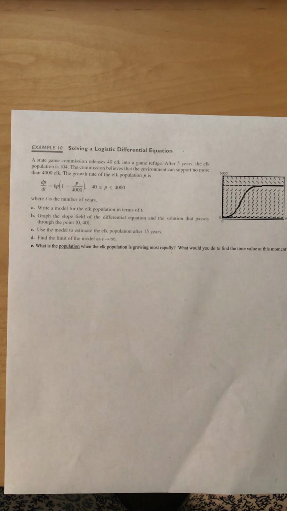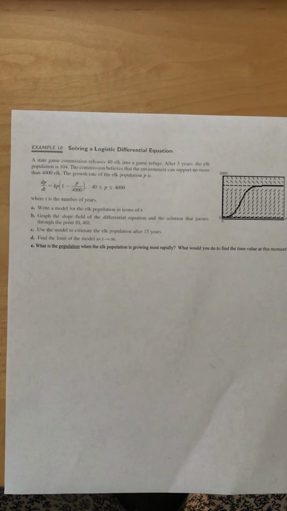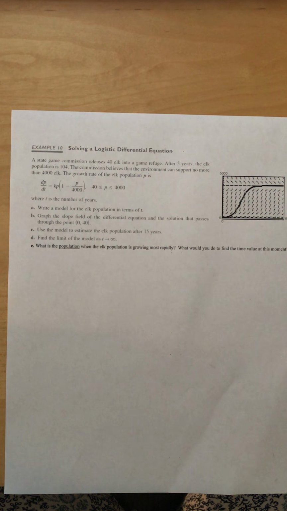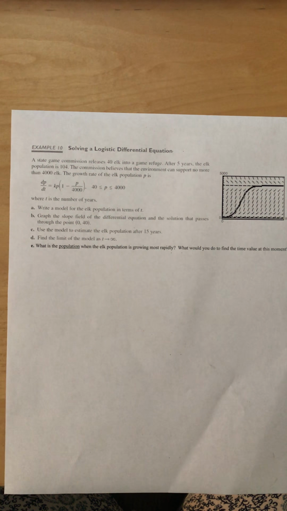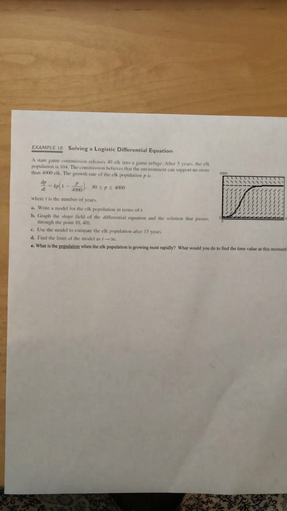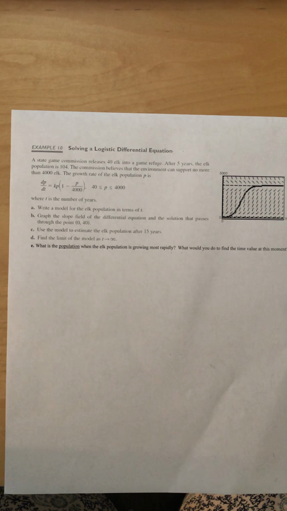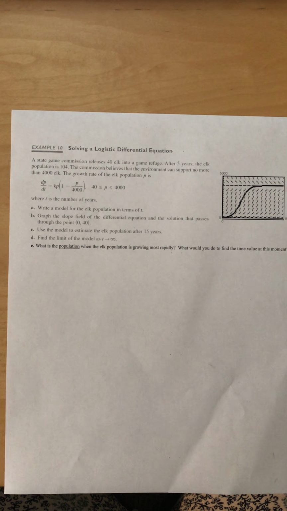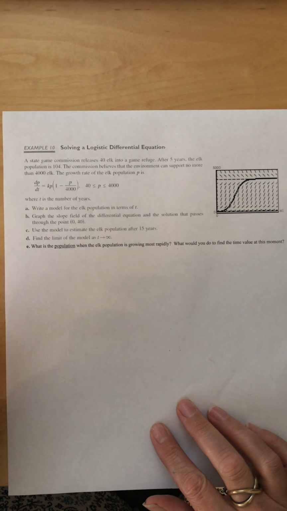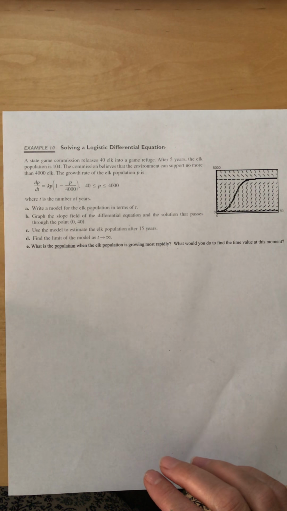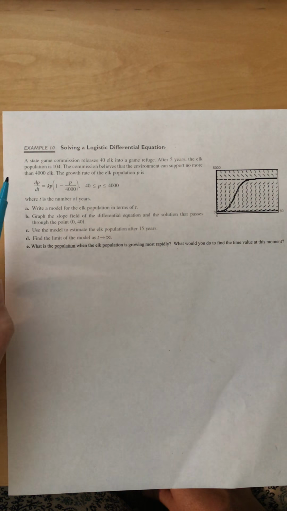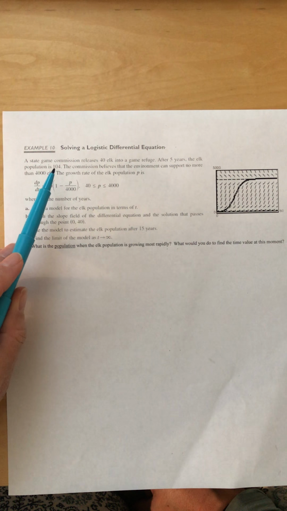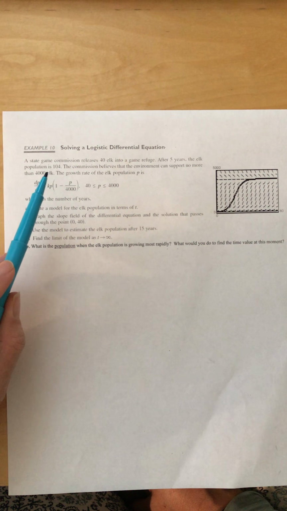This is example 10 from your textbook with one additional question added to it. First thing is to write a model for the elk population at time t, and the situation is a state game commission releases 40 elk into a game refuge.